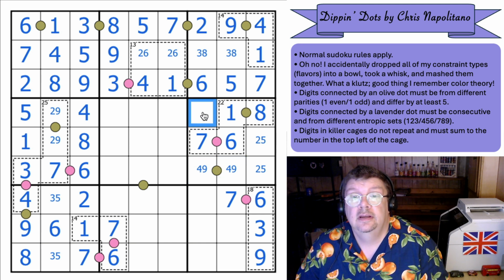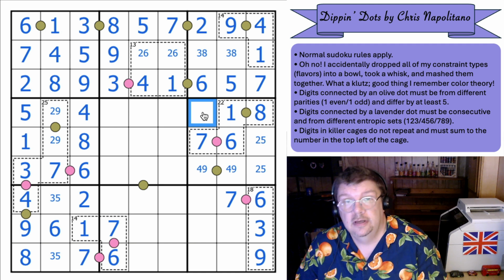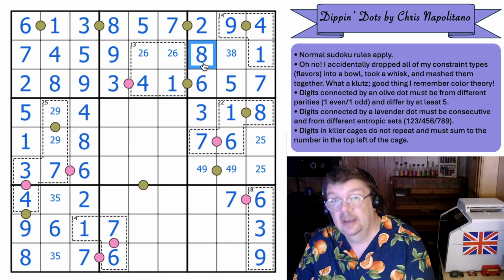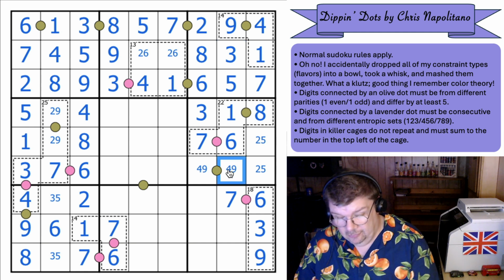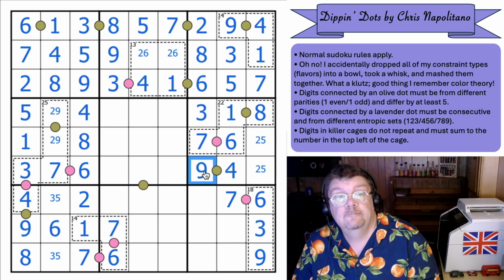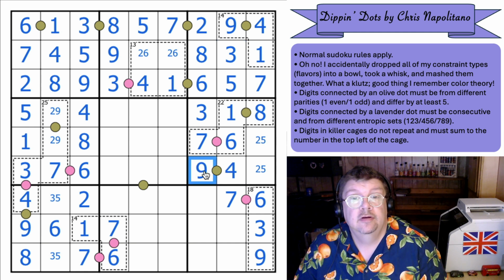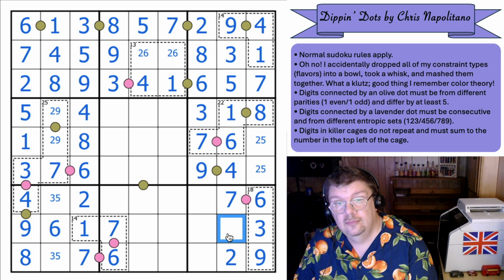This must be a 3. That resolves my 8 and 3. This 9 actually resolves the 4 and the 9 there. Very nice. 2 more digits in this column are 2 and 8, which I can resolve.